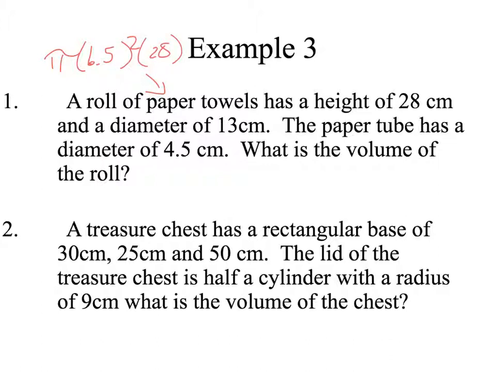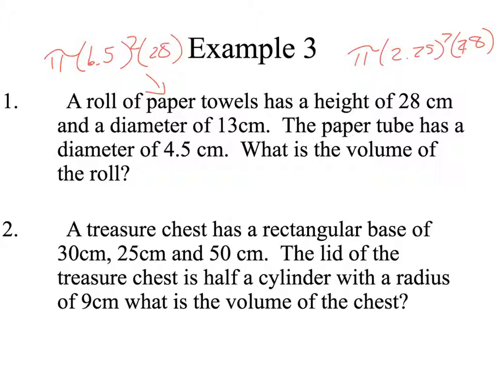And my other one is going to be pi times 2.25 squared times 28 as well, because my height's going to stay the same. So let's figure both of those out.